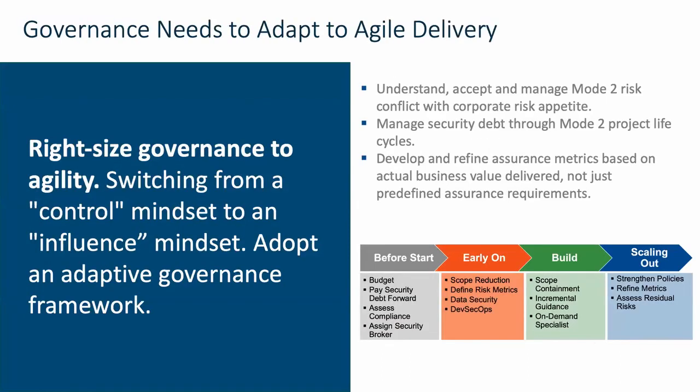Then from a governance perspective, what we want to do is right size our governance to enable agility, right? I think across the board, across all organizations, there is a need and a drive to being more agile. Even if you're not doing full on bimodal, there is definitely a need to be more agile.